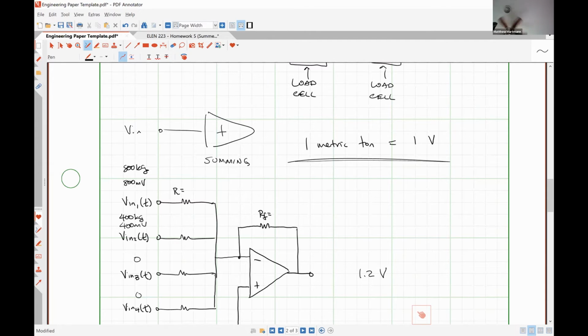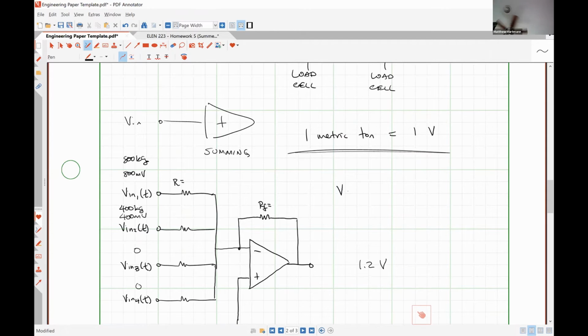So how this guy is supposed to work, just to be clear here, is that our output voltage should be negative RF over RN times V1 plus V2 plus V3 plus V4, if all of these R's right here are identical.